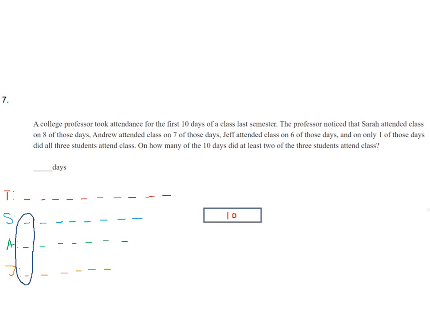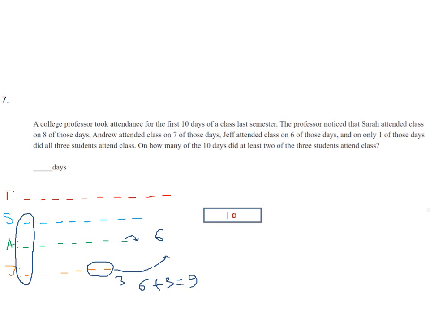It is possible that Andrew attended a day that is not attended by Sarah. So in this case, we'll get the 6 days that are attended by Andrew and Sarah. And it is possible for Jeff not to attend 2 days that were attended by either Sarah or Andrew.